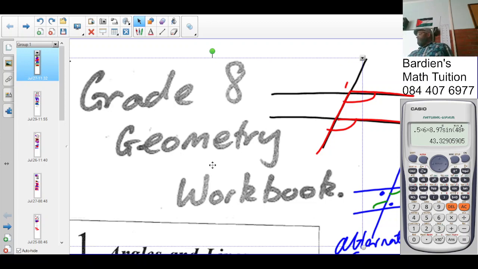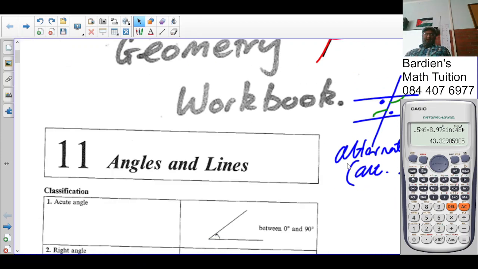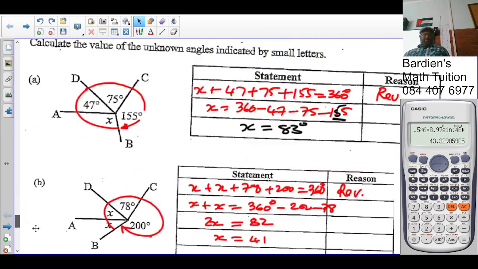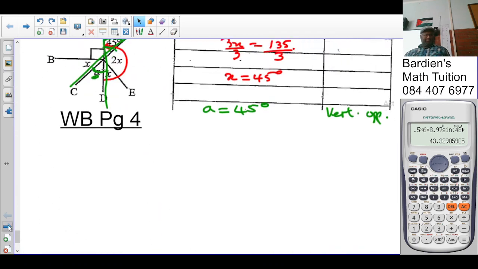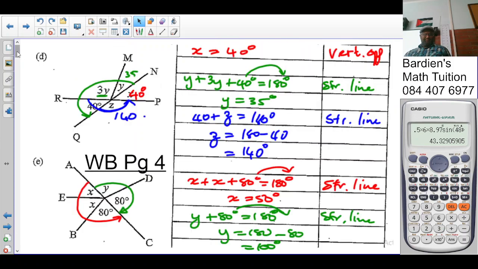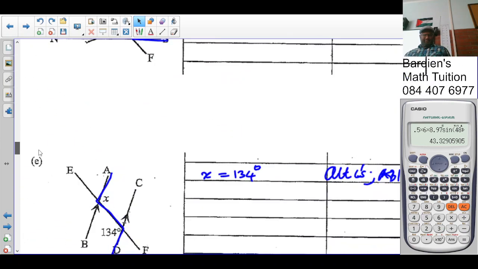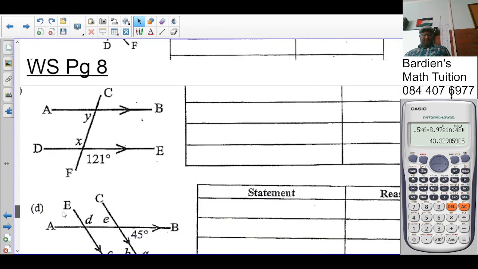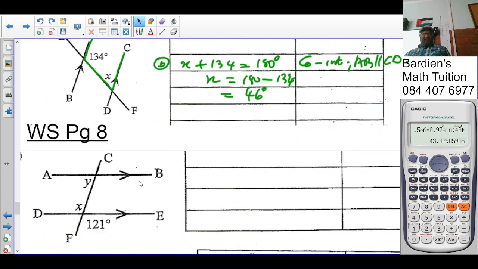Okay, so at this point we are busy with geometry. We are on page 9. Did we finish page 8?